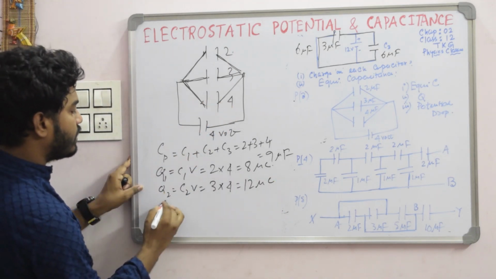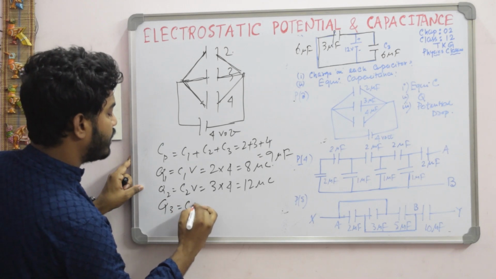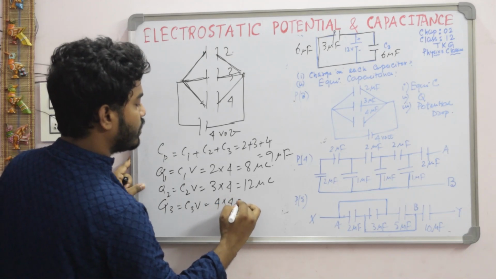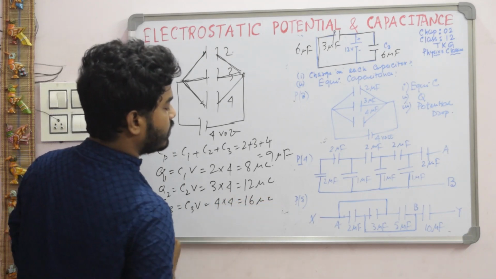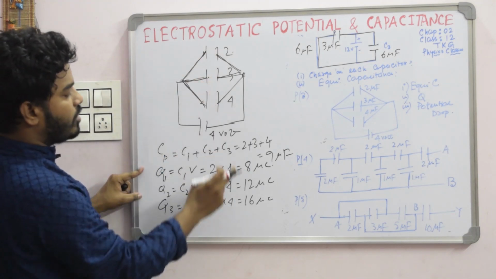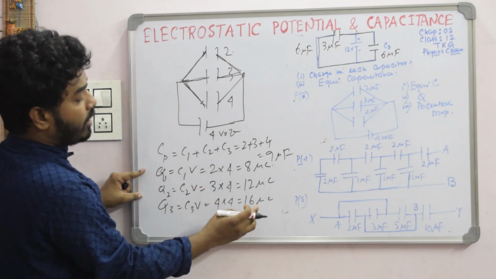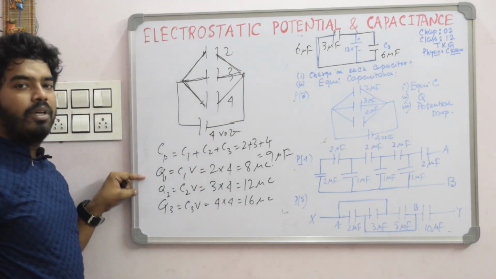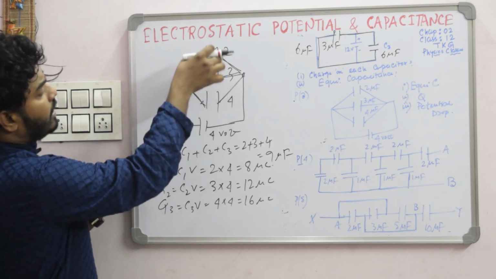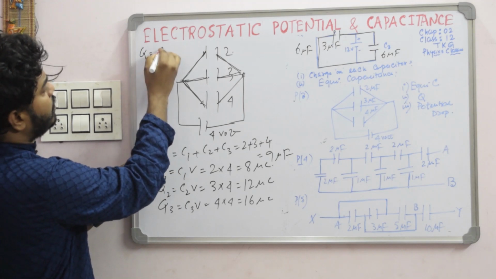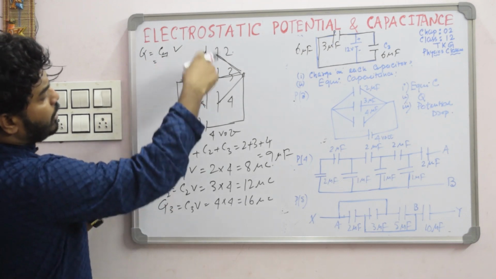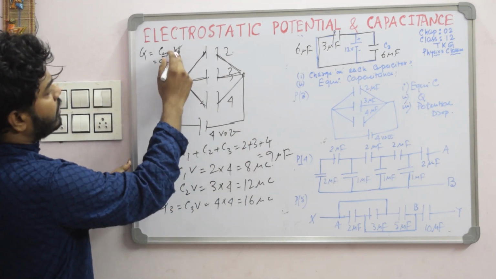Now for the third, Q3 is equal to C3 into V. Here C3 is 4 and voltage is 4. So this one is 16 microcoulomb. So across 2 microfarad 8 microcoulomb, across 3 microfarad 12 microcoulomb, and across 4 microfarad 16 microcoulomb. Now solve this part in another way. If I take the equivalent of this circuit, the equation becomes Q is equal to C equivalent into V. So what will be the total charge? C equivalent is 9 and V is 4.